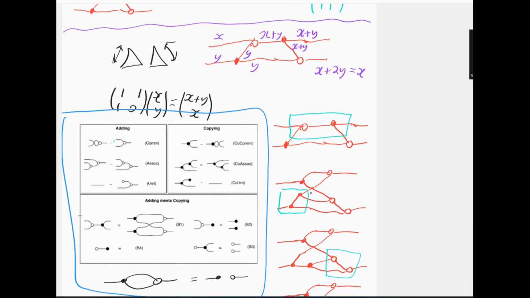Now I've drawn numbers on the wires just to show you that this diagram is working as it should. But there's an interesting detail here, which is that we're actually relying on the fact that 2 equals 0 because we're working with mod 2 arithmetic. Remember, we only really have 0 and 1.